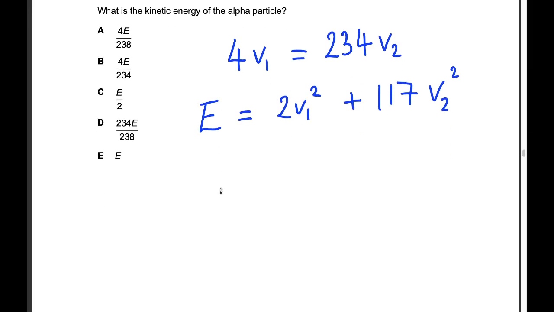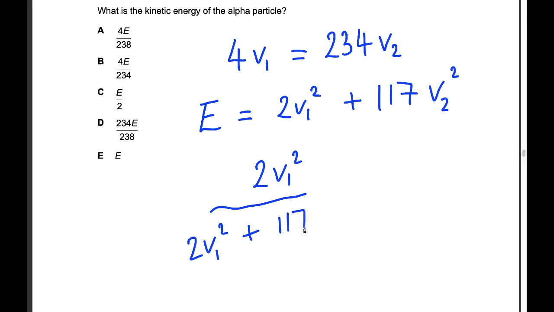So if I'm looking for the percentage of this total energy, or the fraction of this total energy that's given to the alpha particle, I could just say it's going to be 2v1 squared, that's my energy of my alpha particle, over the total energy, 2v1 squared plus 117. But if I put a v2 squared in here, I'm not going to be able to work out this fraction in terms of just a number.